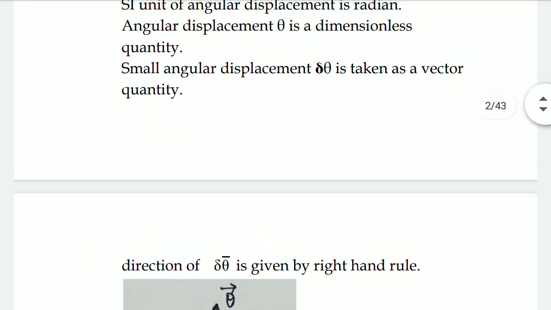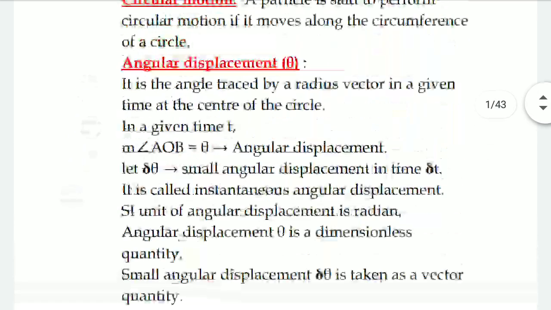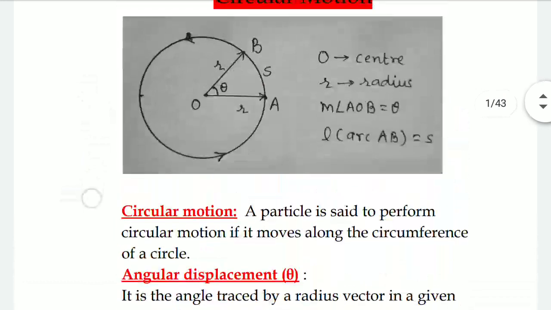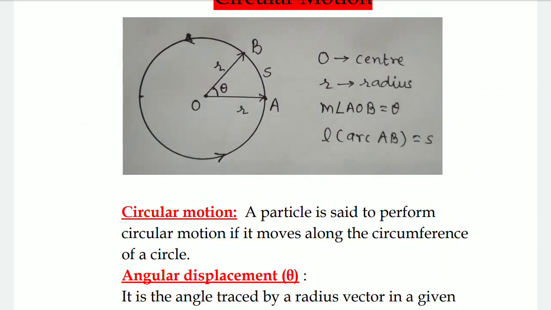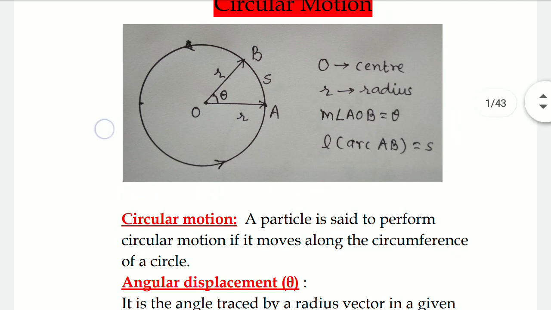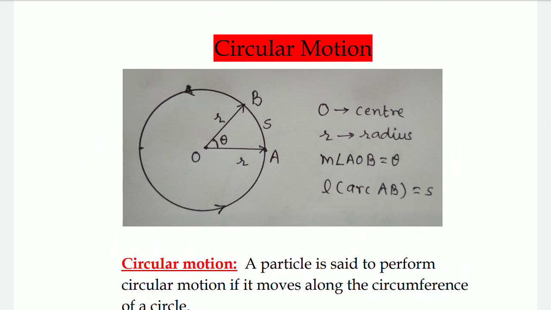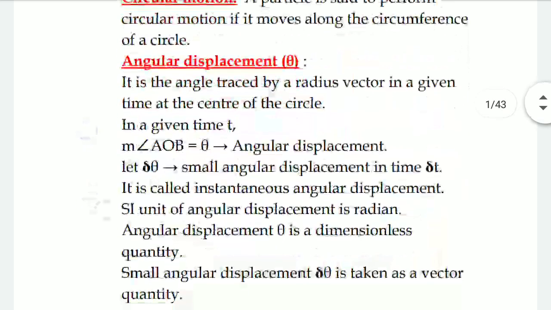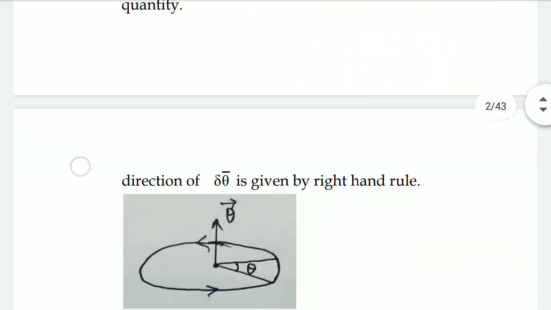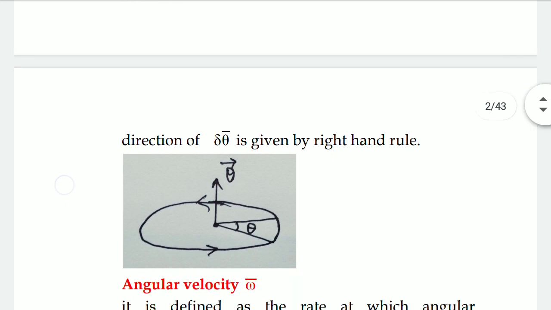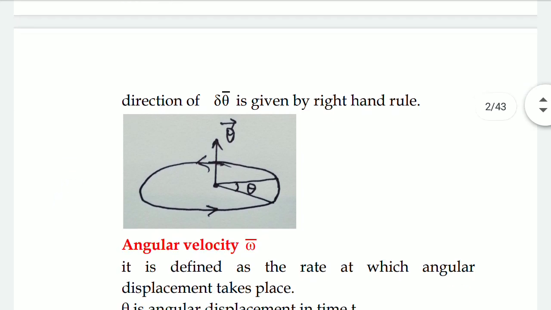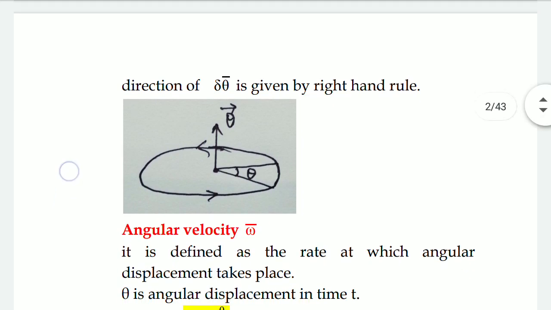As you see, delta theta is related to delta s, where delta s is the very small length of the arc, and whenever it is very small, it will obey the laws of vector addition. That's why even delta theta obeys laws of vector addition. So angular displacement delta theta can be considered as a vector quantity, and the direction of delta theta is given by the right hand rule.